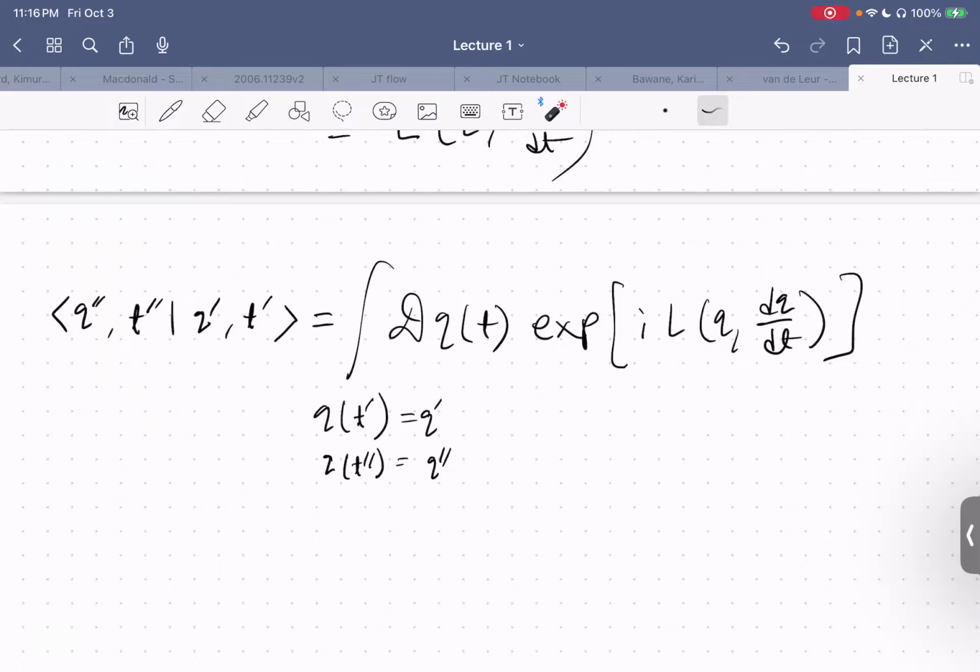However, notice that at the end of the day, what we have found is an integration over functions of one variable. Now, you can easily imagine generalizing this to integration over functions of multiple variables, satisfying some boundary conditions. And that will basically be our pathway to quantum field theory. Yeah, so that's for tomorrow.